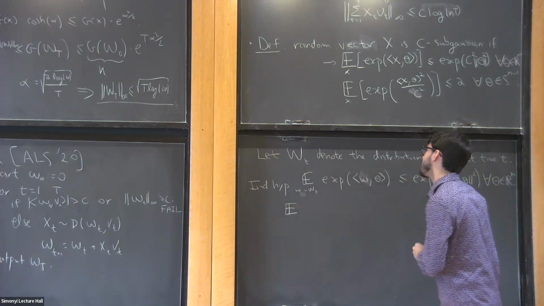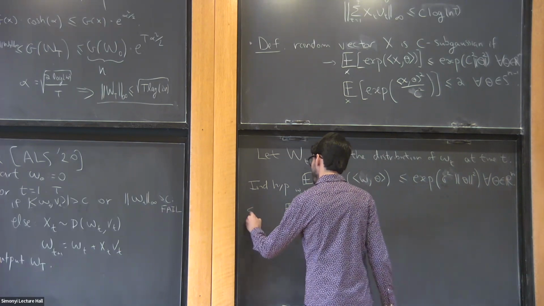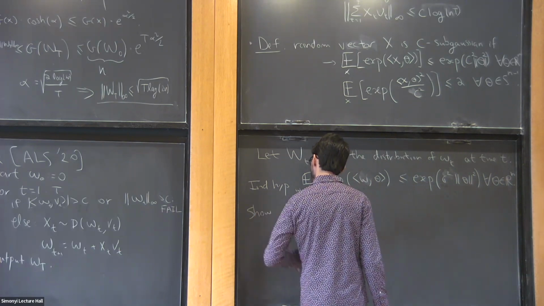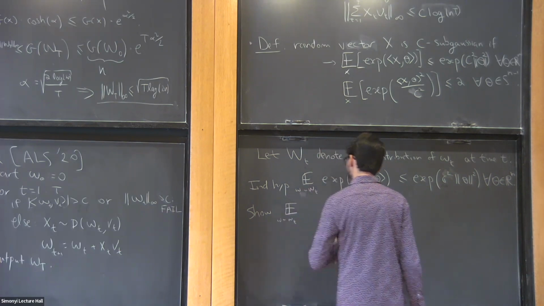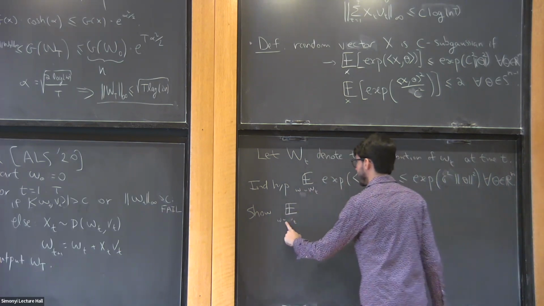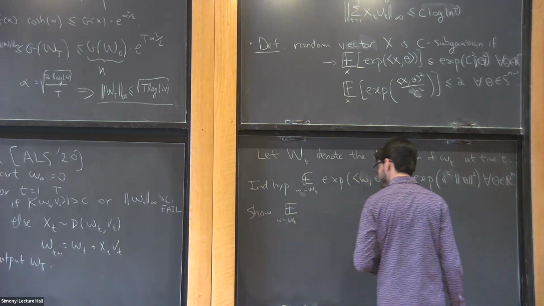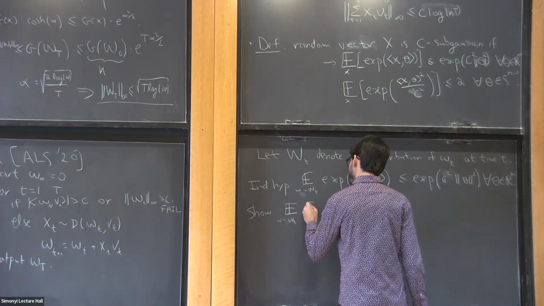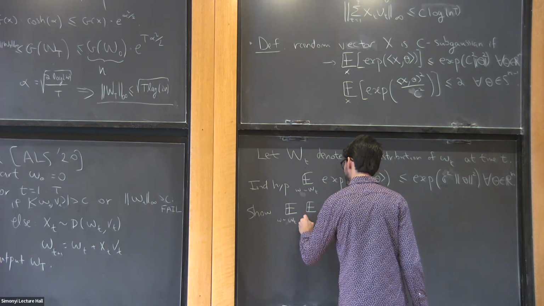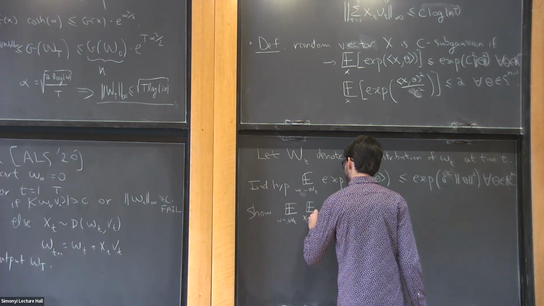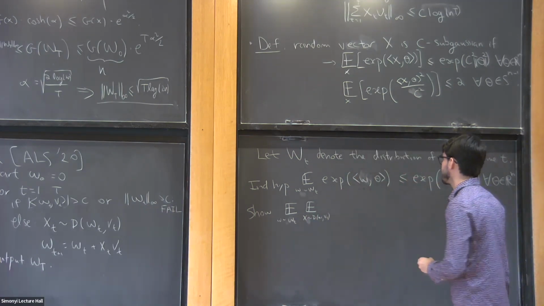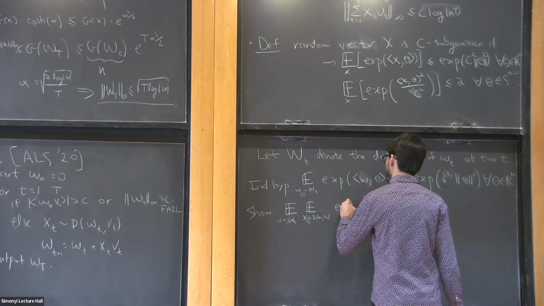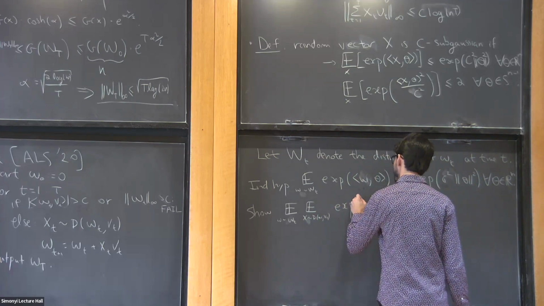What we need to show is that if I sample some W here from the time step, and I sample some sign, let's just call it X, from this distribution, then this is still bounded.